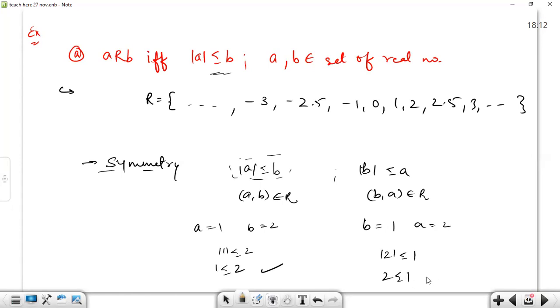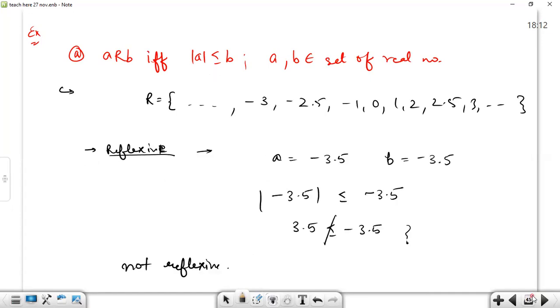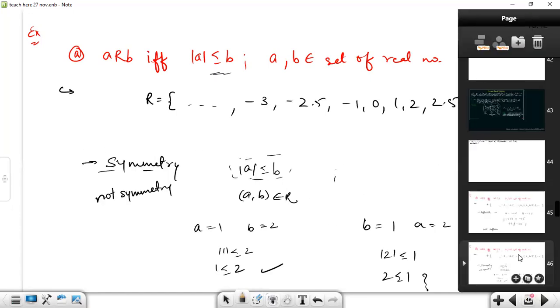Is it true? No, sir. So that's why this is not symmetric. Not reflexive, not symmetric.